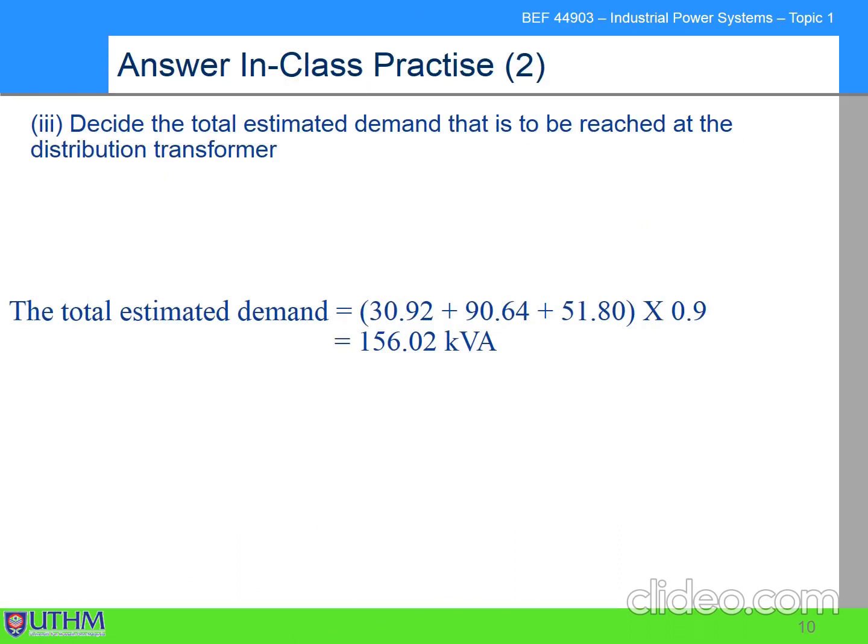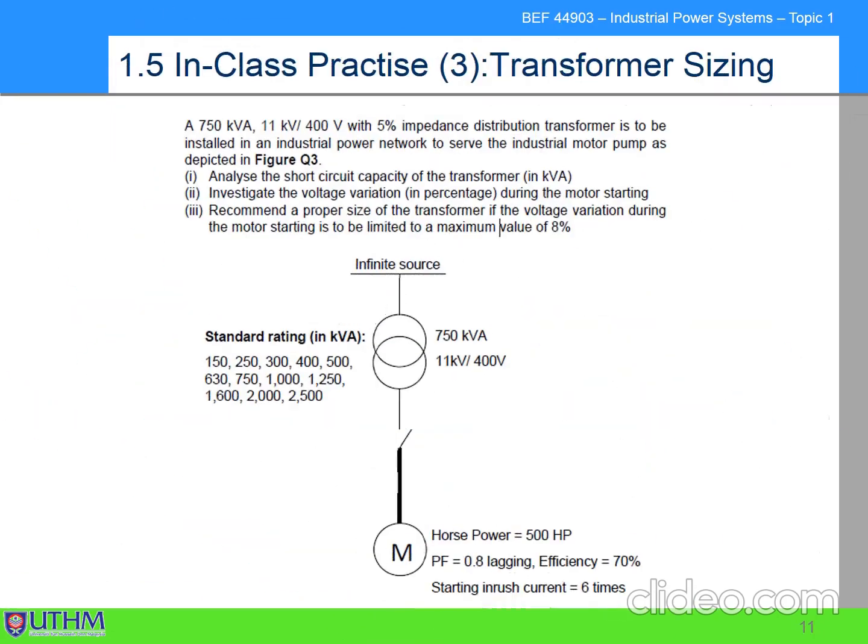The total estimated demand is equal to all the load connected to plant A, plant B and plant C, times the 0.9 diversity factor. This is the value incoming from the transformer.